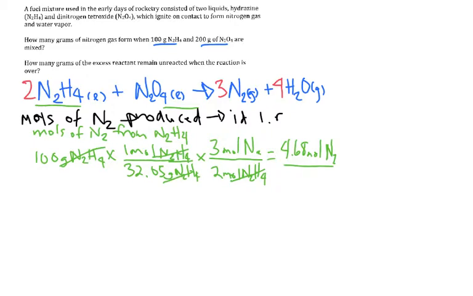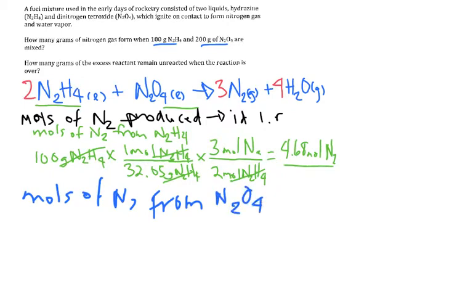So now I'm going to calculate the moles of N2 from dinitrogen tetroxide. So we have 200 grams of dinitrogen tetroxide.